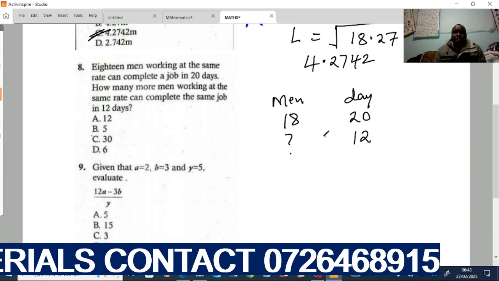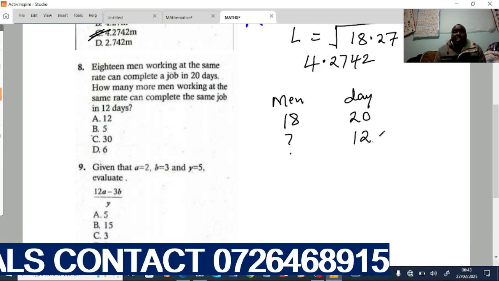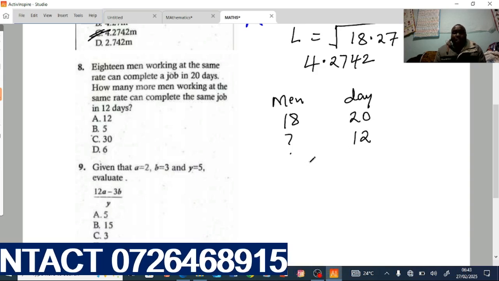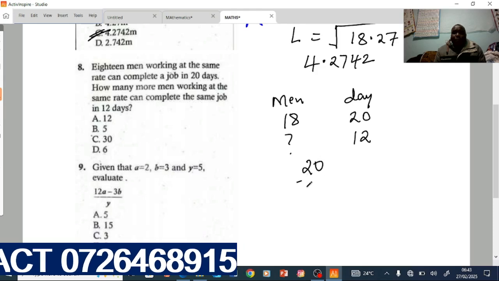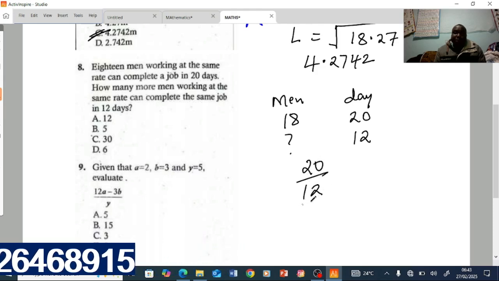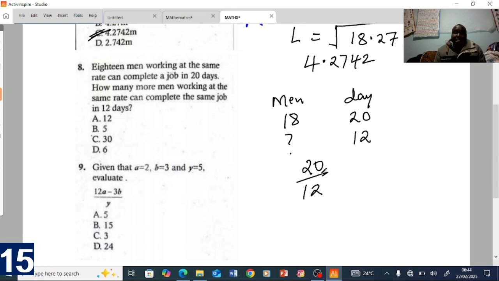Therefore, we need to increase the number of men by this ratio. So to increase this 18, it is 20 over 12. When you increase a number, you make sure that the denominator is small. So I am increasing this 18 by this ratio. I want the numerator big and the denominator small, times 18.